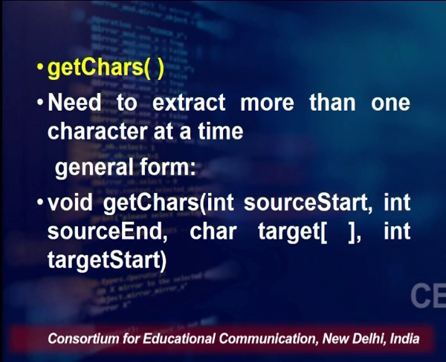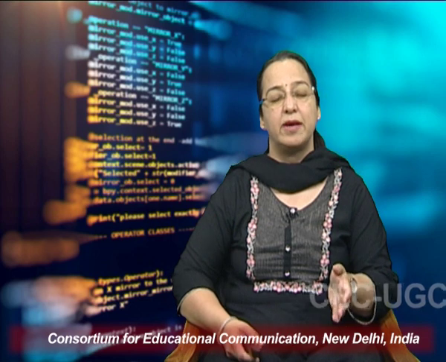The difference is that, because we are talking about multiple characters, we need to give an integer for where to start, then the position where to end, then the target and the target start. So 4 parameters it is going to ask for, and it is going to return no value. That is why it is named void.